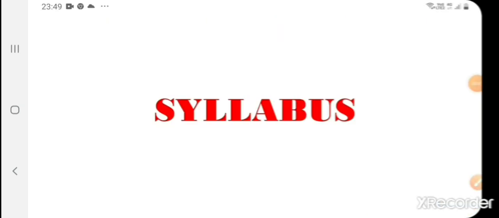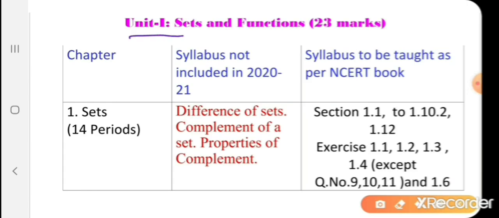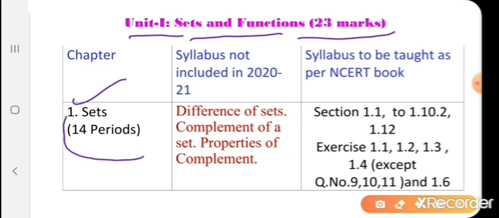Now we discuss which chapters are not included in this session in comparison to the previous session, and which will be taught from the NCERT book. Unit 1, sets and functions, carries 23 marks in the annual examination. The first chapter is sets. We have to finish within 14 periods. Not included are the difference of sets, complement of sets, and properties of complement.